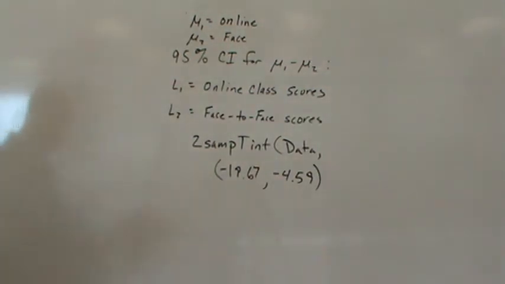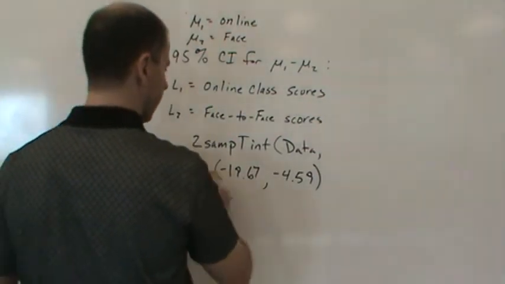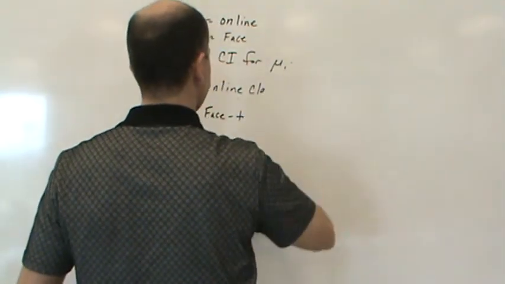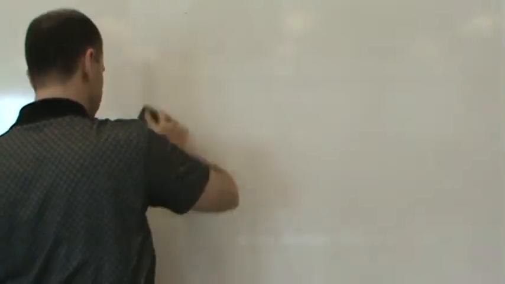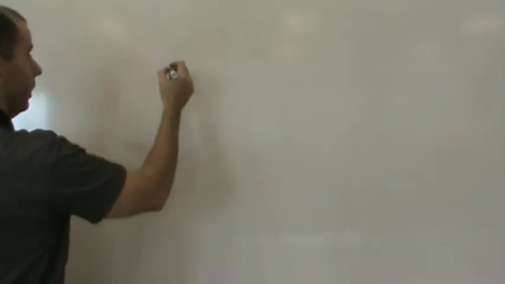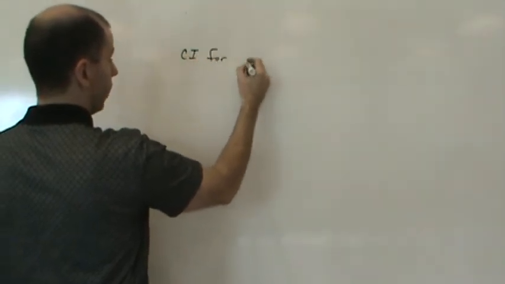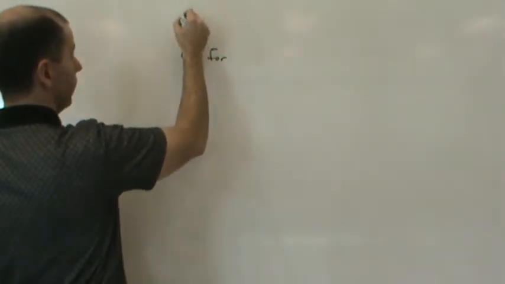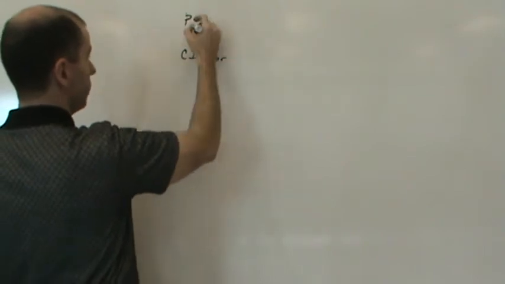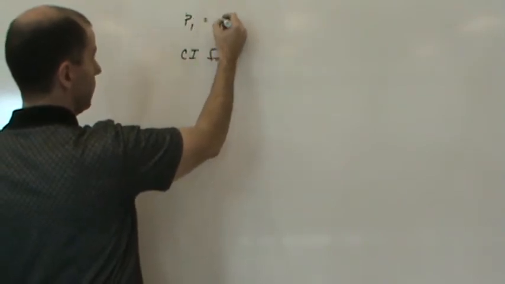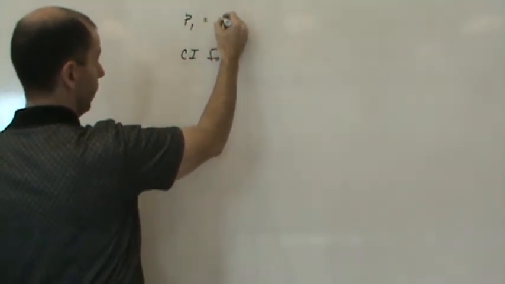So now, with proportions, this is the confidence interval formula that you would use. So again, if we're looking for a confidence interval for the difference of proportions, so P1 is population 1, right?